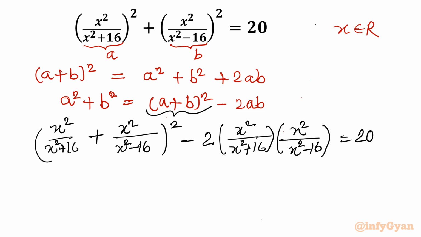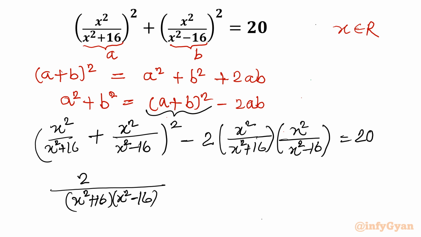Now I will consider the LCM in this bracket first. So I can write the common denominator x square plus 16 times x square minus 16. Little later we will apply (a plus b)(a minus b), the difference of two squares. So x power 4 minus 256. Come to the numerator part. Once you simplify, then the 16 term will be cancelled out.